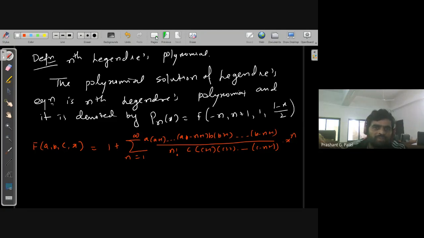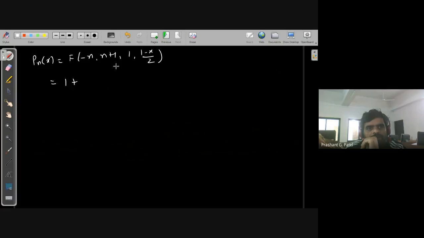This Pn of x we can write as Pn of x is equal to F of (minus n, n plus 1, 1, (1 minus x) by 2). As per that, it is 1 plus summation.